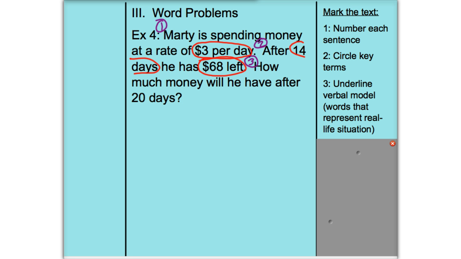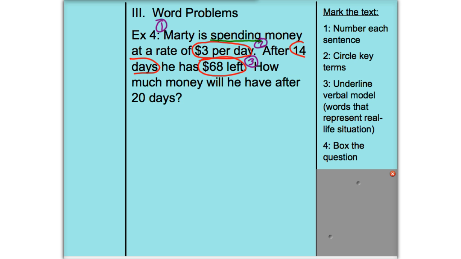In this case, spending tells us that the rate of change is negative. So that's a word that gives us a clue for information for setting up our problems. That's the only one I can think of other than in the question, which we are going to box.